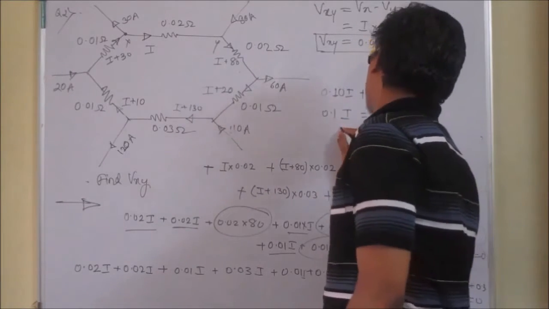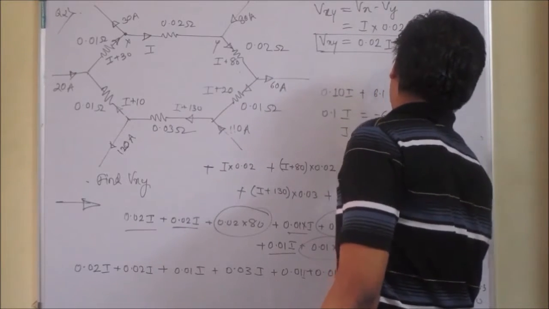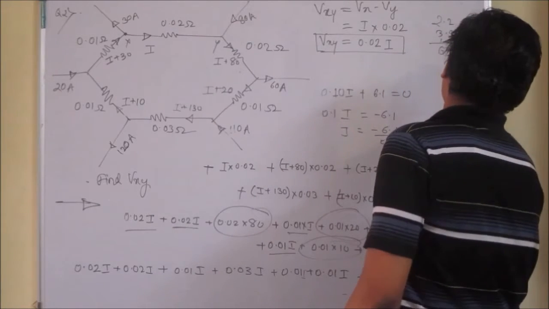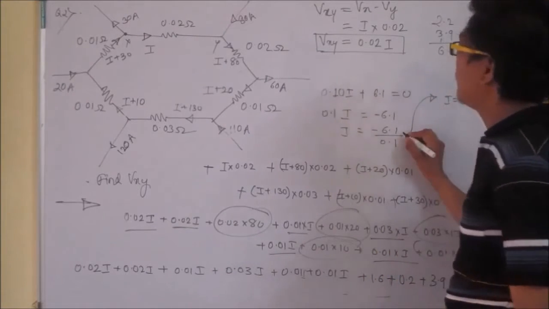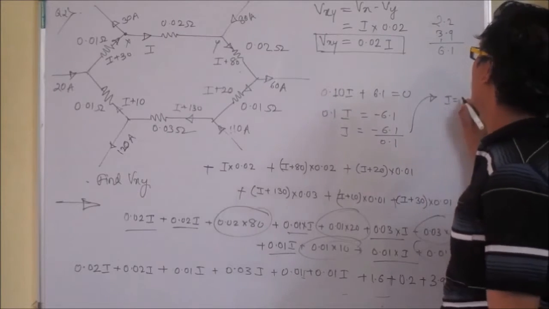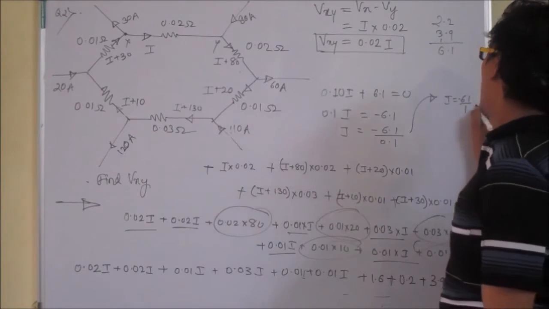That is, I is equal to minus 6.1 divided by 0.1. If I multiply by 10 in numerator and denominator, then I get minus 61 amperes.